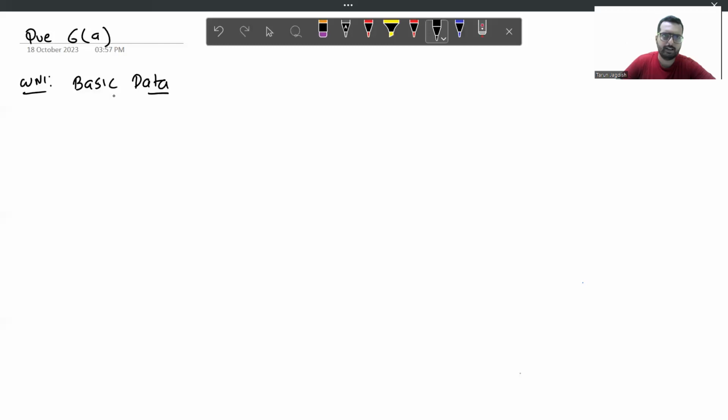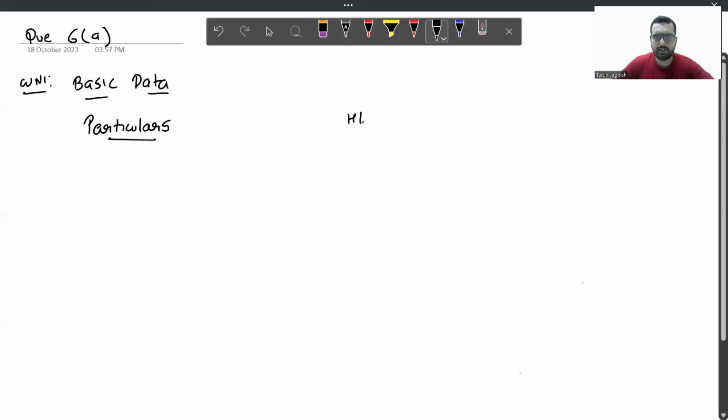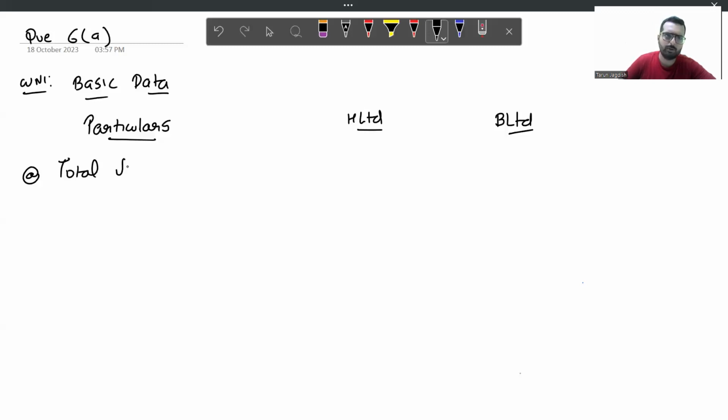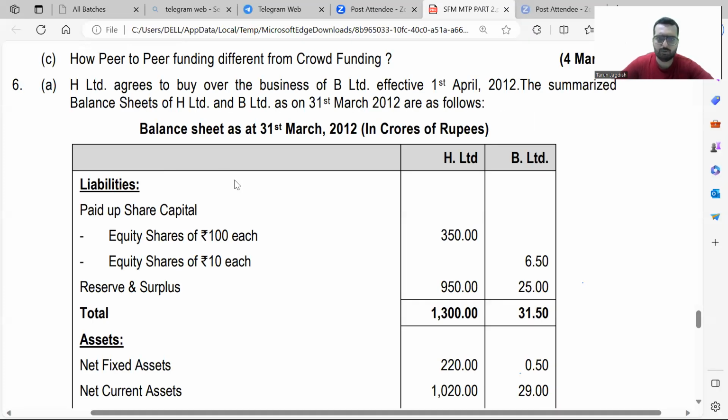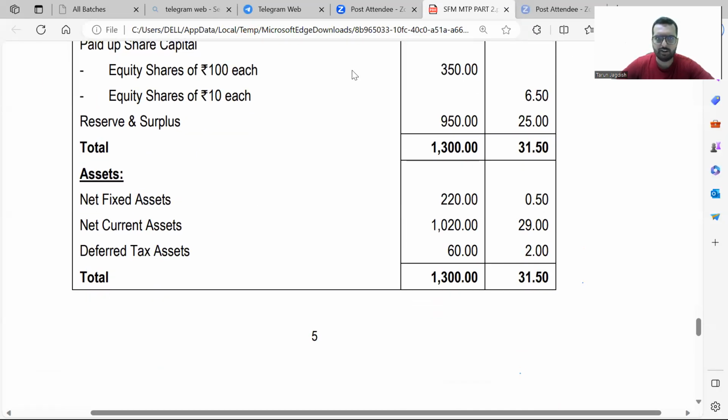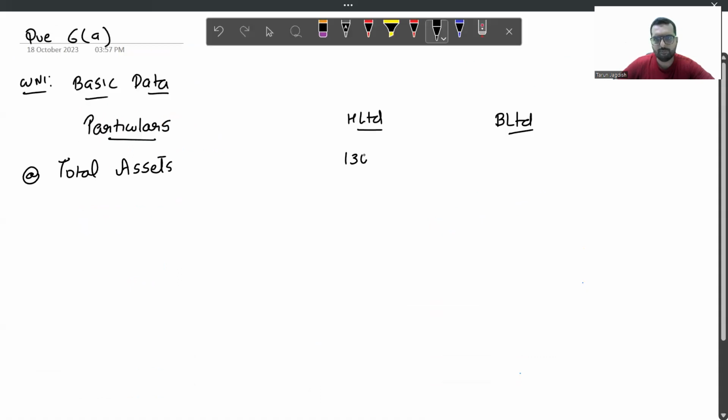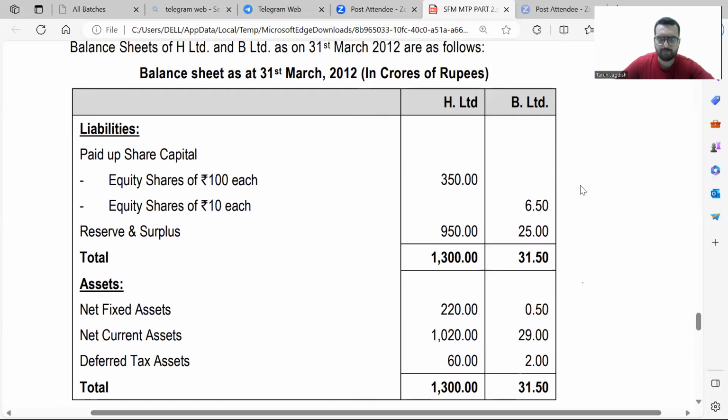Basic data. Particulars. Then you have H Limited, and then you have B Limited. Okay. Point number A is going to be what? Total assets. So what are the total assets that you have over here? 1,331.5, lakhs or crores?